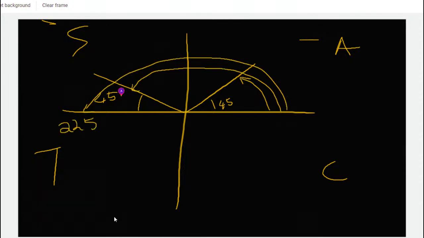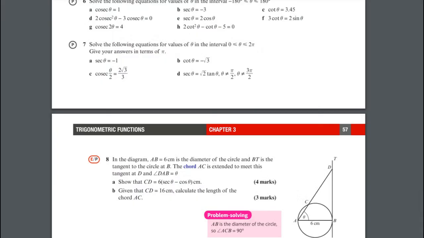Last one. Could you give the values in terms of pi? So 45 is pi by 4, right? And the next one is... I don't remember how to do this. 45 degree is pi by 4.